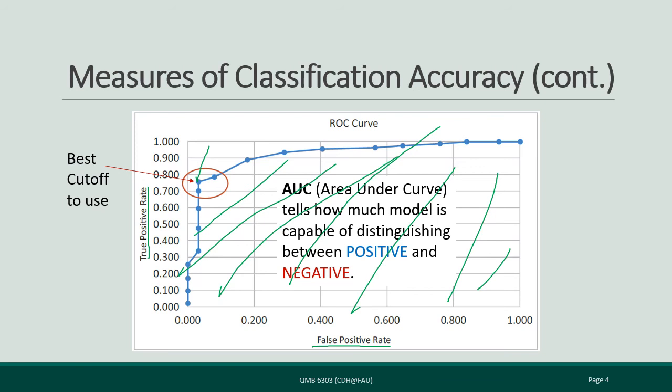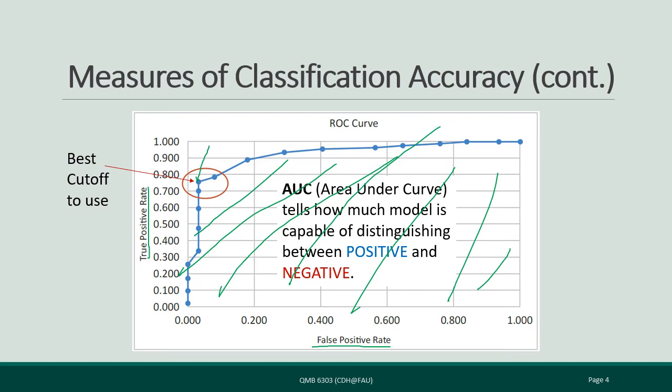So the ability for this model to actually separate those positive and negative. So AUC is often another measure that we use to see the performance of the classification method.